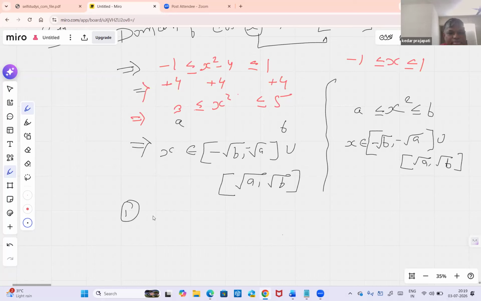This is your rough work. 3 is less than or equal to x square. This means what? This implies, take root both sides. Suppose you have x square.